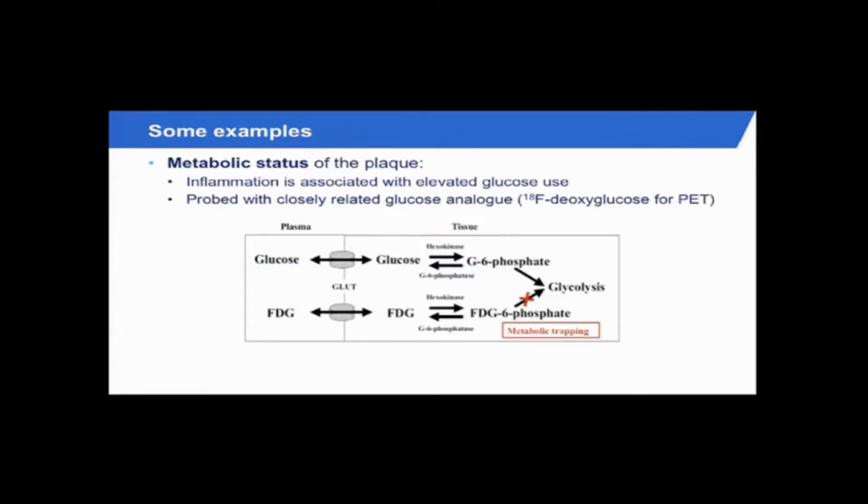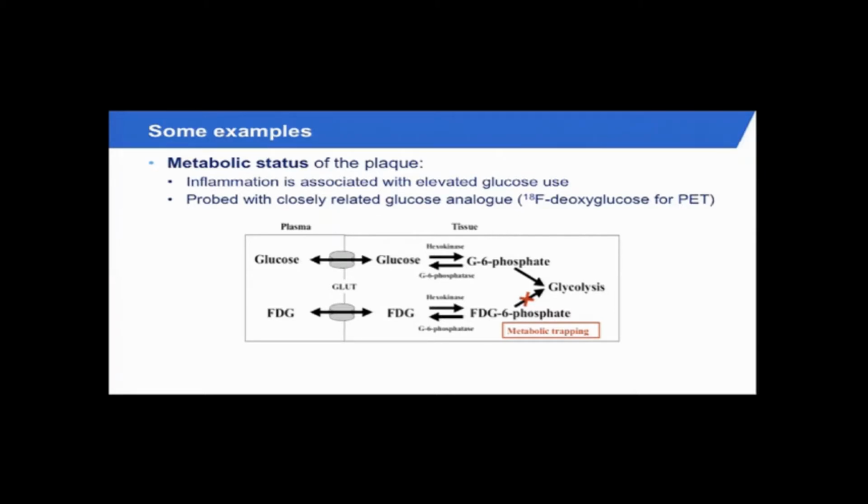As a final example of considerations, suppose we want to probe the metabolic status of the plaque. For example, inflammation is associated with elevated glucose use. Then, of course, in order to probe that with our imaging technology, we need an agent that is closely related to, in this particular case, the glucose molecule.